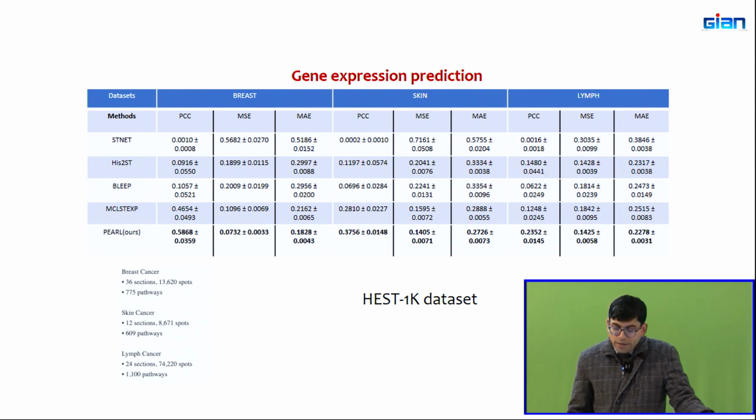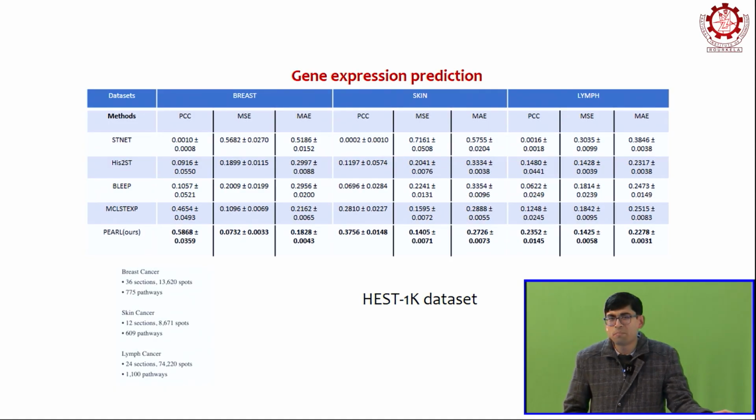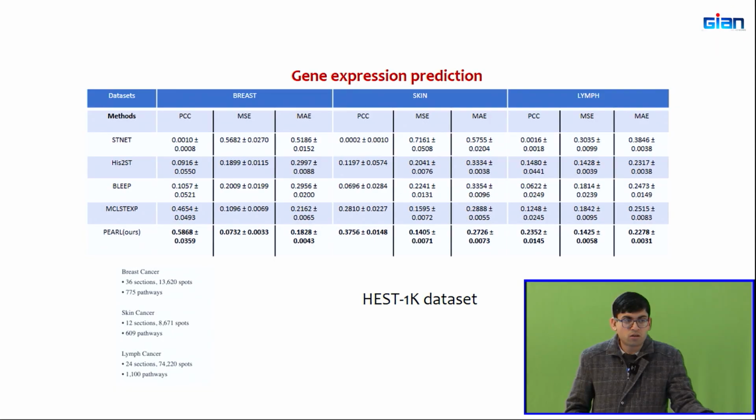Okay, so there are data sets, and you see newer data sets being added right now because ST is a hot topic nowadays. So we used this HEST-1k data set, which did not have many samples, a couple hundred samples, in fact less than that. Breast cancer had 36, skin cancer 12, lymph node cancer 24.